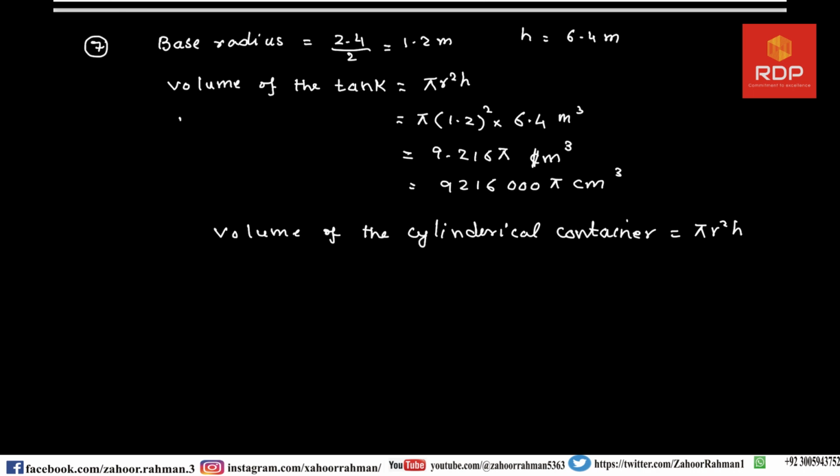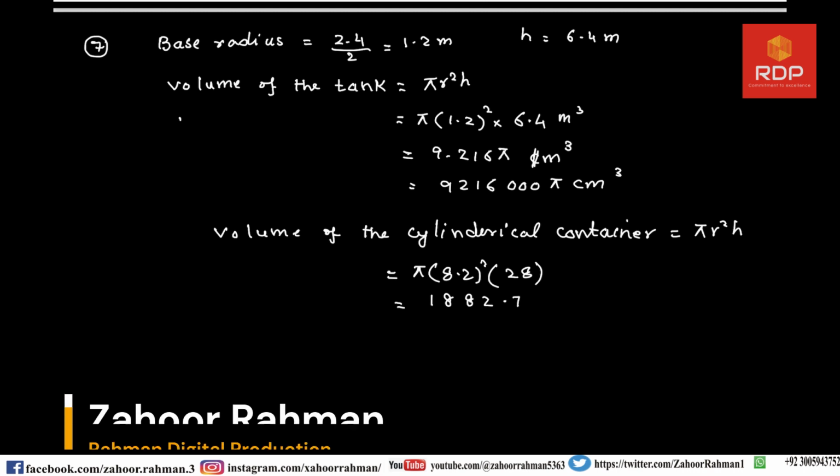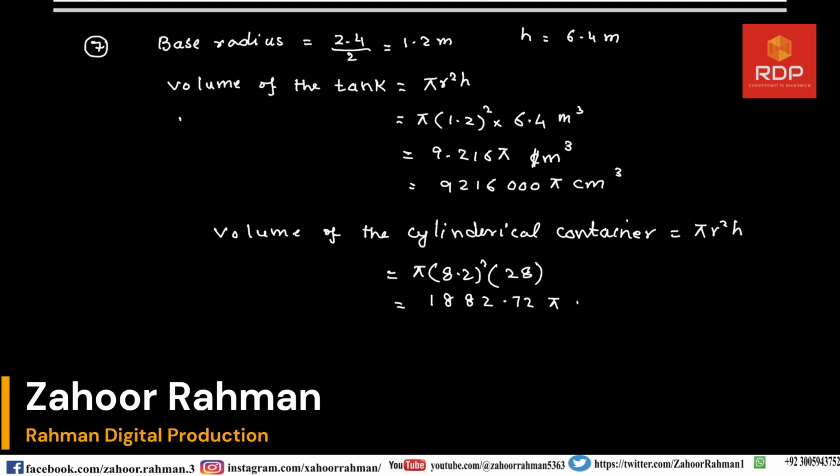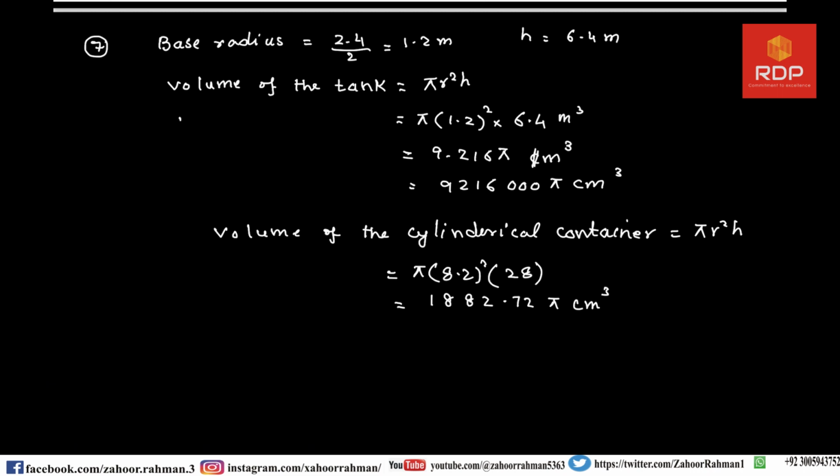So let us insert that value, pi, and then they told us 8.2 whole square, and height is also given in the second part, that is 28. So when we calculate it, we will get 1882.72 pi centimeter cube.